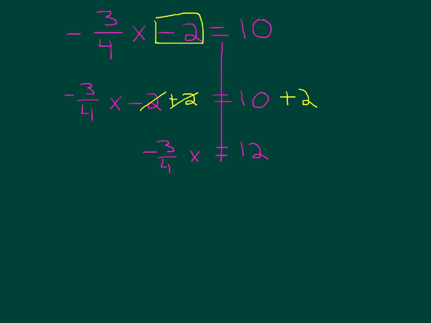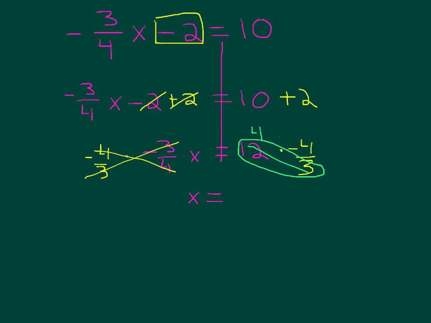We have to multiply both sides by its reciprocal, which is negative 4/3. Negative 4/3 cancels out here, so x equals, you can do 12 times 4 divided by 3, or I like to cross simplify and do 12 divided by 3 is 4, and 4 times negative 4 is negative 16.